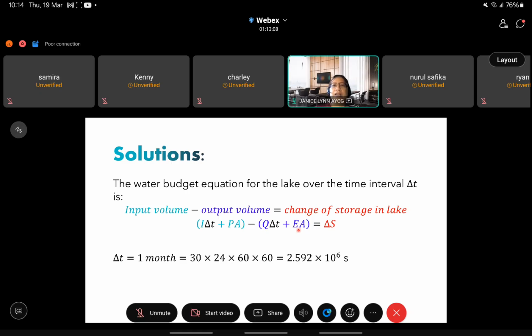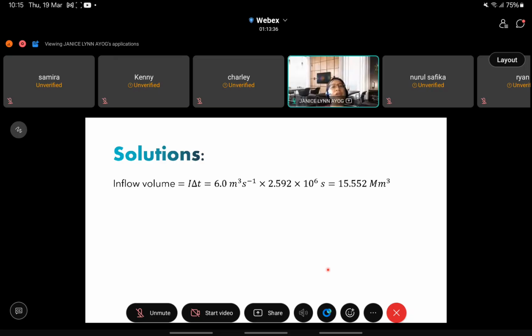Because we have to multiply that with delta T, and the question says for a certain month, we are considering 1 month, which we assume is 30 days. You have to convert that month into seconds, and eventually you will get 2.592 times 10 to the power of 6. So in a month, your inflow volume, because inflow is already given as 6 cubic meter per second, you multiply by delta T and you'll get that. Outflow volume is 6.5, hang on.